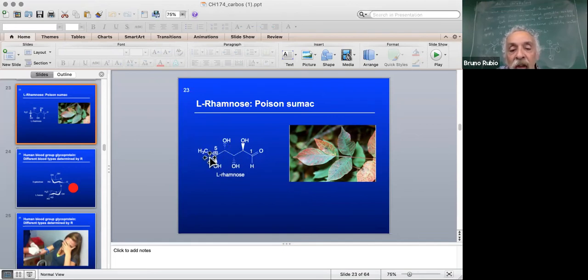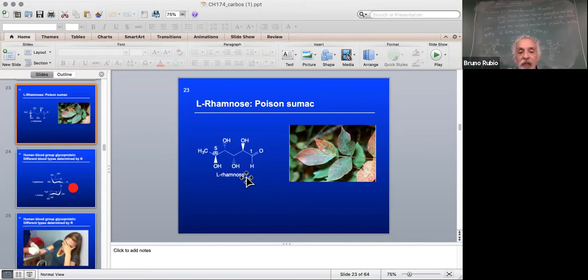And furthermore, the highest numbered chirality center has the S absolute configuration. So that's what brings this into the L stereochemical family. So there are lots of L sugars, but metabolism is centered around the D sugars. That's the important one for dietetics, biochemistry, and so on.